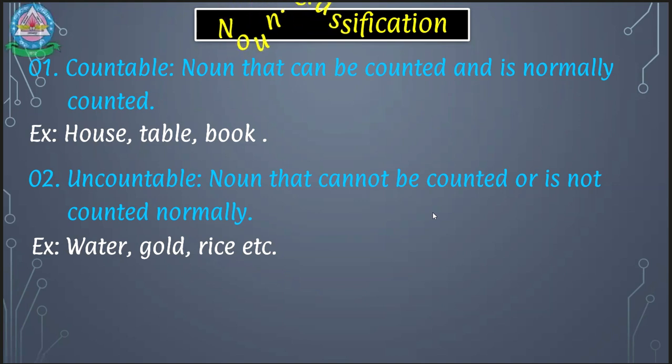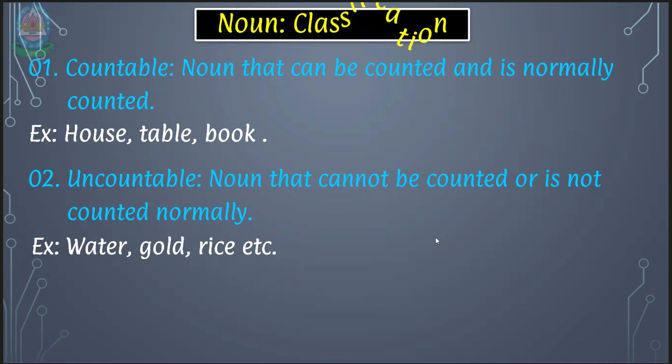Actually, there are some nouns that can be counted and we count them normally. That's countable, it's okay. But in case of uncountable, noun that cannot be counted or is not counted, there is a confusion of so many students.